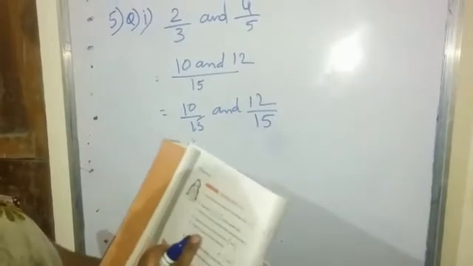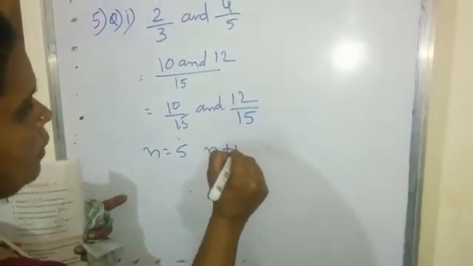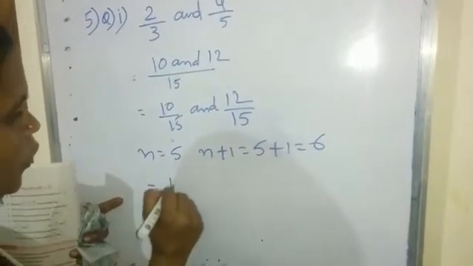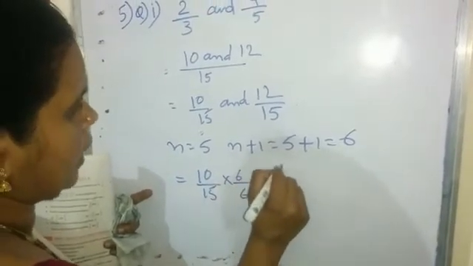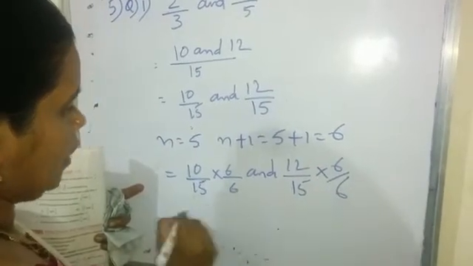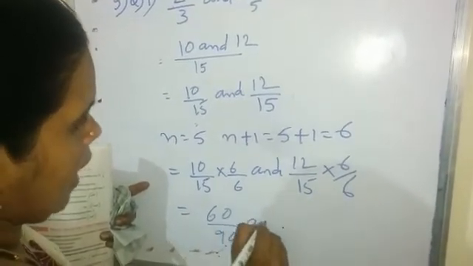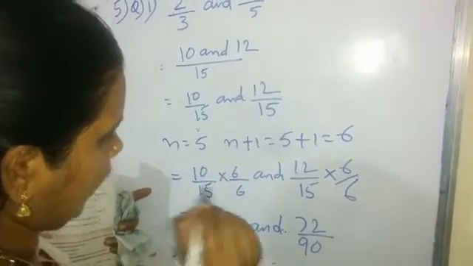The question is asking for 5 rational numbers, so n is equal to 5, and n plus 1 is equal to 6. Both numerator and denominator of both rational numbers are multiplied by 6. So 10 by 15 becomes 60 by 90 and 12 by 15 becomes 72 by 90.